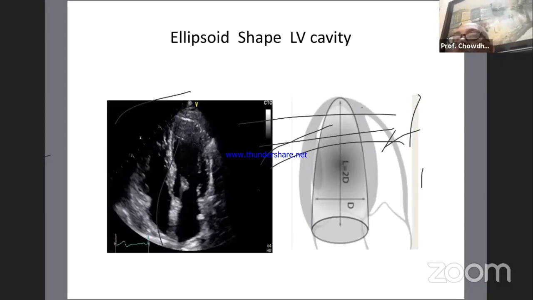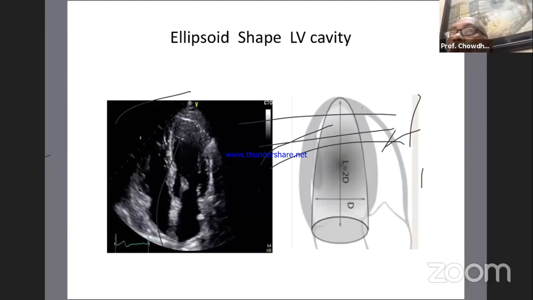And when the patient has uniform left ventricular motion, be it depressed left ventricular function, global hyperkinesia or normal function, I do not find any reason why we should not use this ellipse method, because this is the method we have been using for years together. We are confident, and when we do echocardiography as street echocardiographers, we do not have any choice but to use this method most of the time.